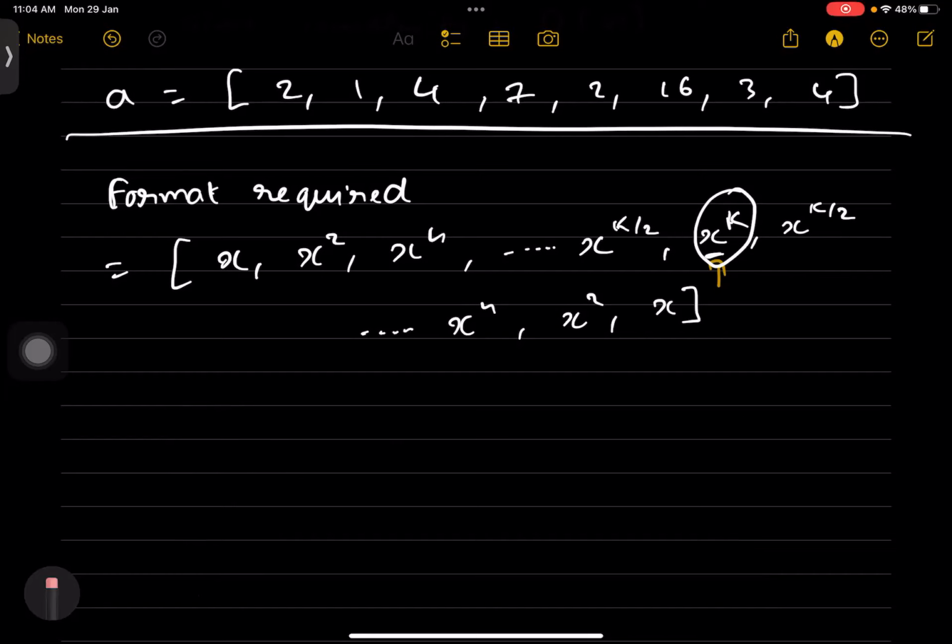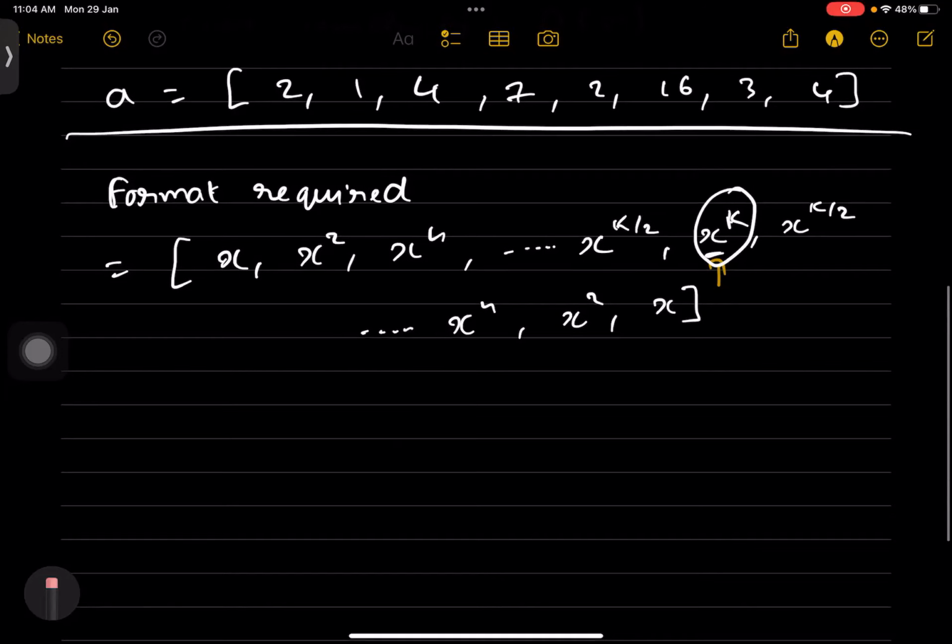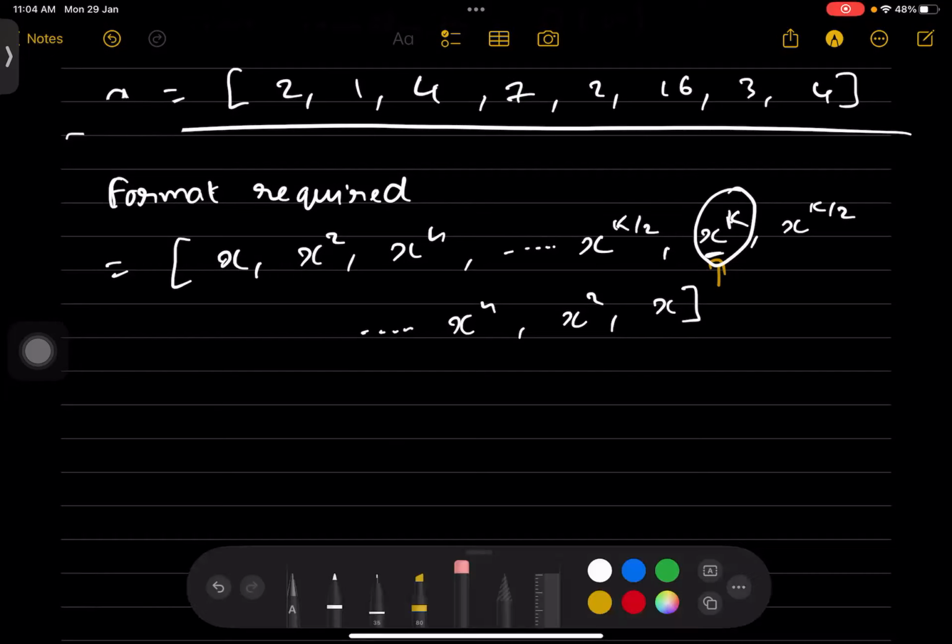Now, what we do is we go through the array and fix every number as x^k, and we find the maximum subset that is possible by fixing that specific number as x^k. It'll all be clear when I dry run the approach through this test case.